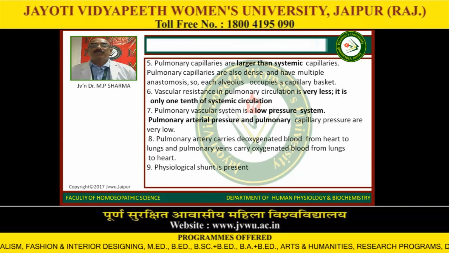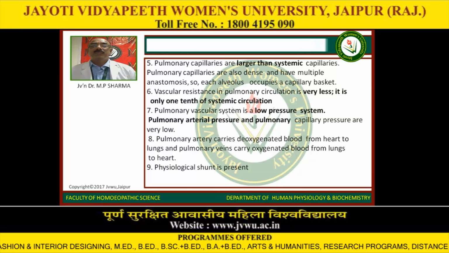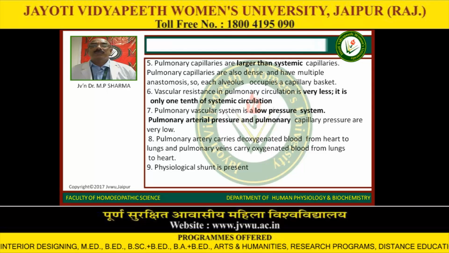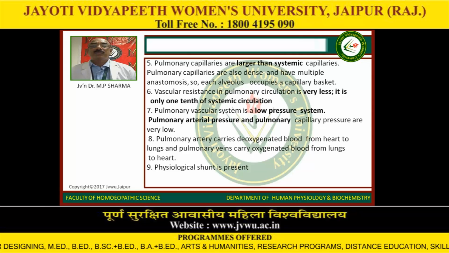Number 5, pulmonary capillaries are larger than the systemic capillaries. Pulmonary capillaries are also dense and have multiple anastomosis, so each alveolus occupies a capillary basket. Number 6, vascular resistance in pulmonary circulation is very low and it is only one-tenth of the systemic circulation.